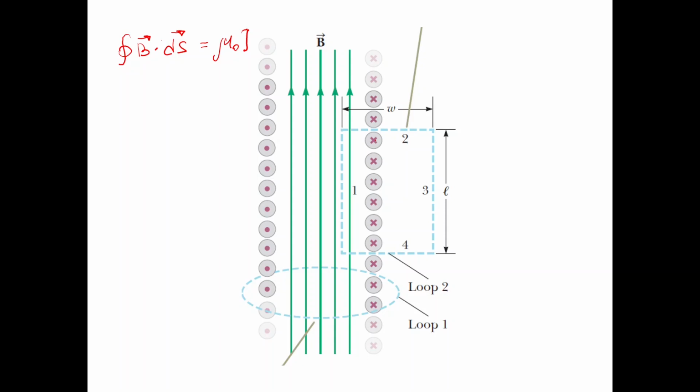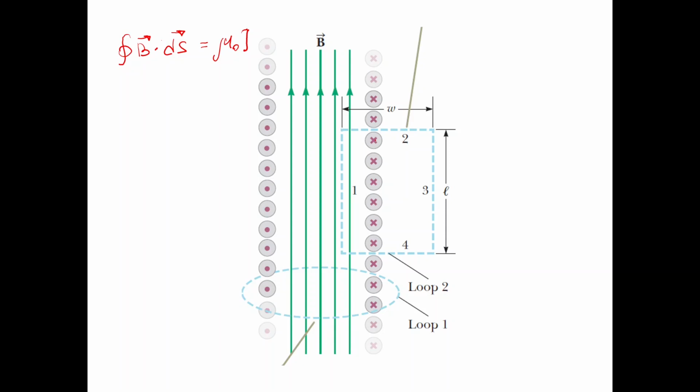When we calculate this integral, we will have contributions from 2 sides, 1 and 3: a very big term plus a very small term, which we can neglect because the big one is dominant.